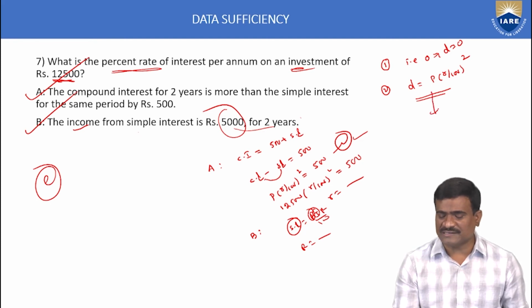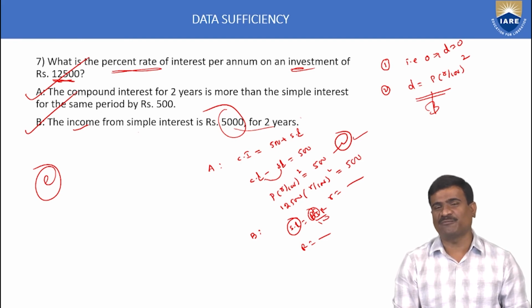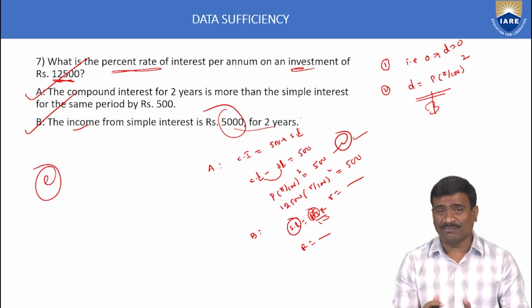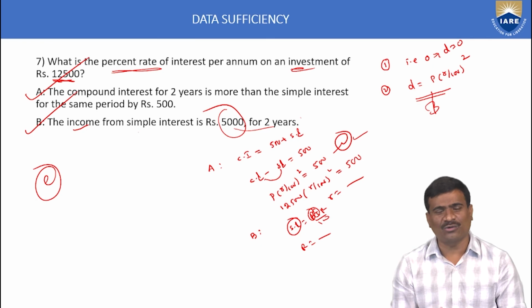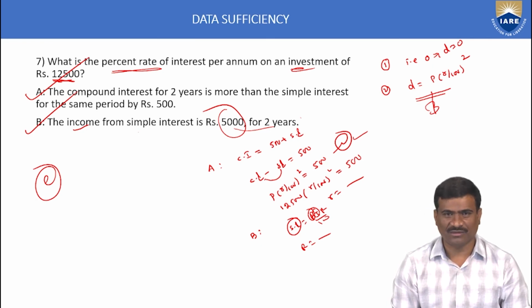This formula is applicable only for 2 years, but not more than 2 years. In this equation, the principal amount is given, difference 500 is indirectly given, find out the rate of interest: one equation, one unknown. That is possible, so option A alone is sufficient.